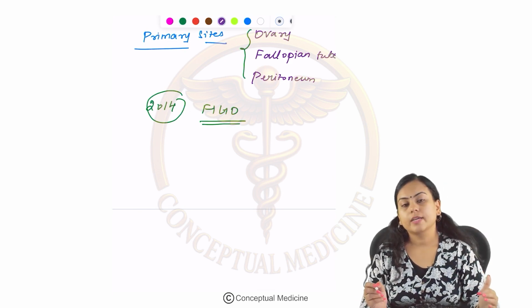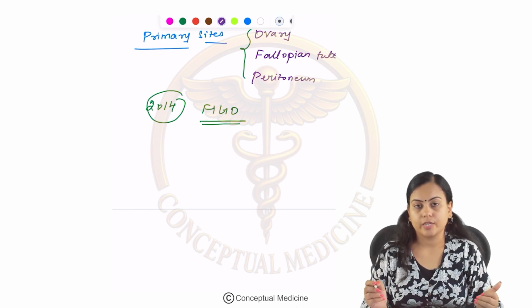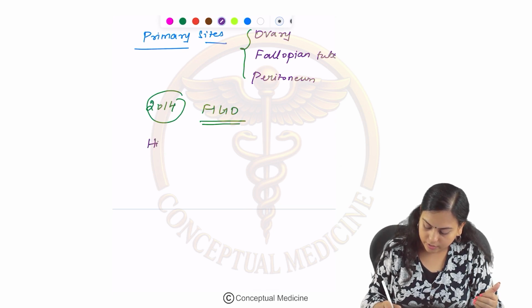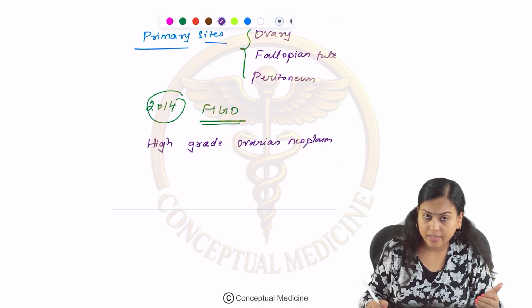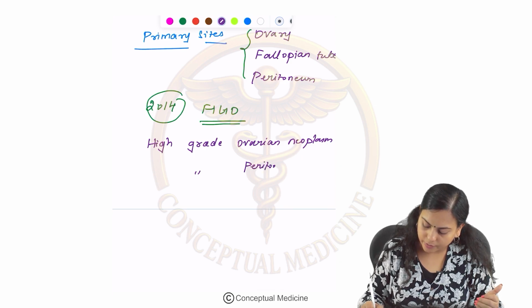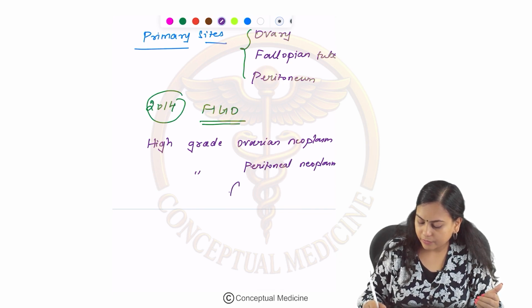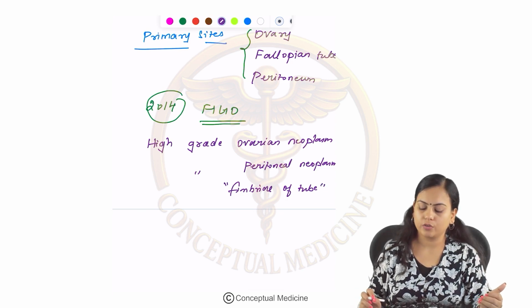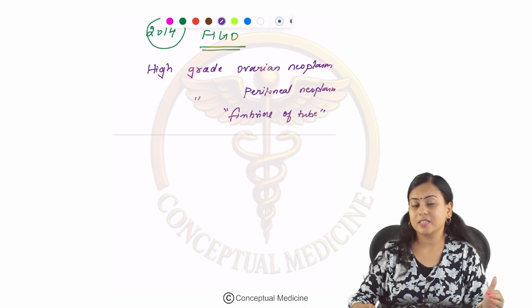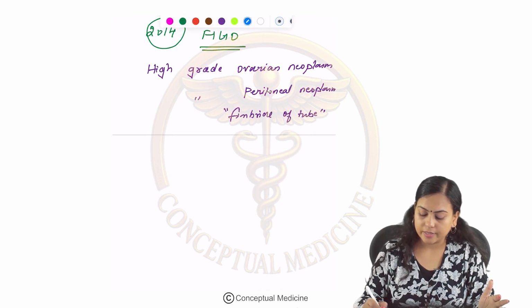Okay, so why was this consideration made? Because they found that some of the high grade ovarian neoplasms or even some high grade peritoneal neoplasms had origin from the fimbriae of tubes. I hope you can think about the anatomy of tubes. Okay, so that's why all these three are together in staging.